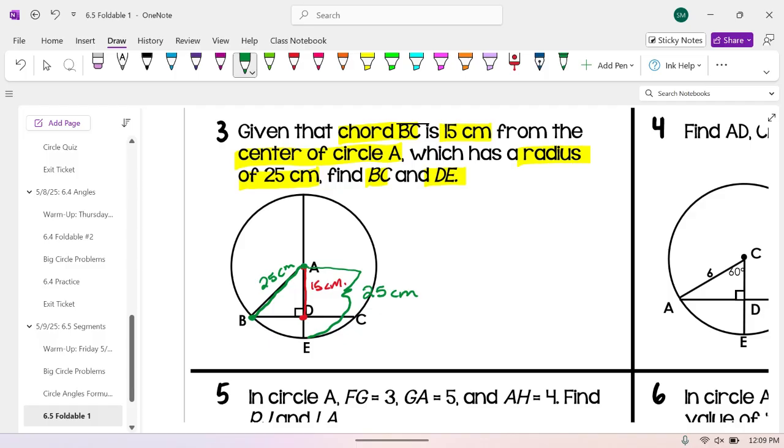So, based off the information we're given, we're trying to find BC and DE. One of those segments we can find very easily without having to do any fancy calculations. Which one do you think?